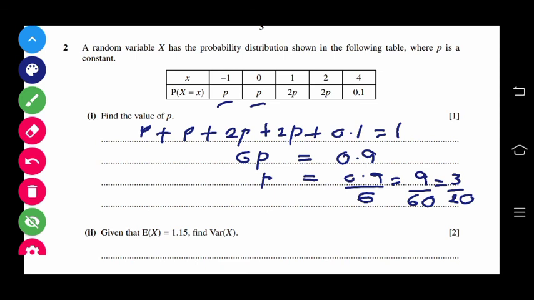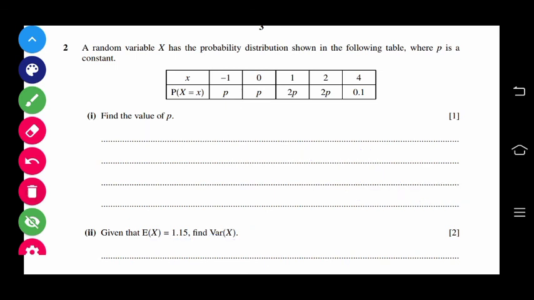That is the result for the first part of the question. Now when you look at the second part of the question, it is given that E of x is equal to 1.15. We have to find variance of x. So how do we find the variance of x? For that, let me do it here only.